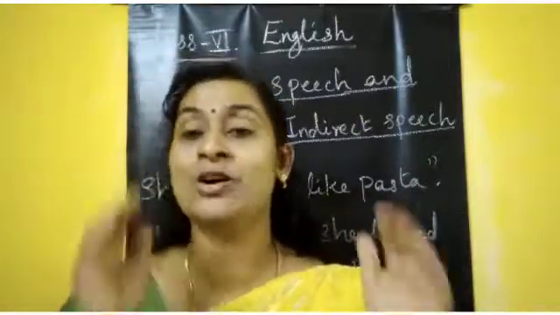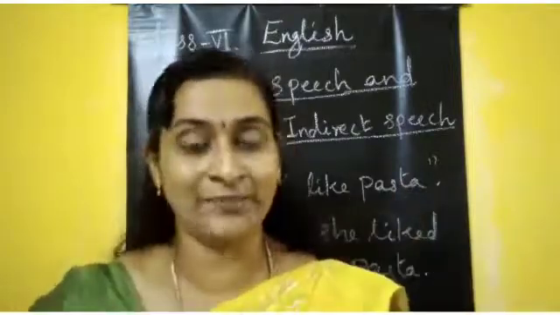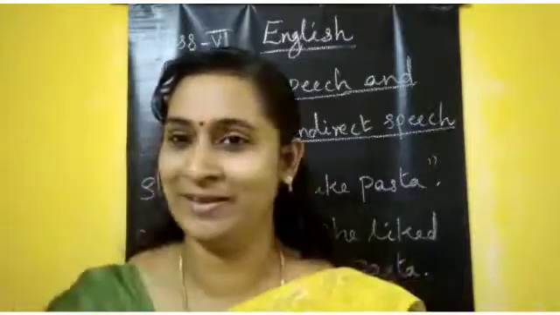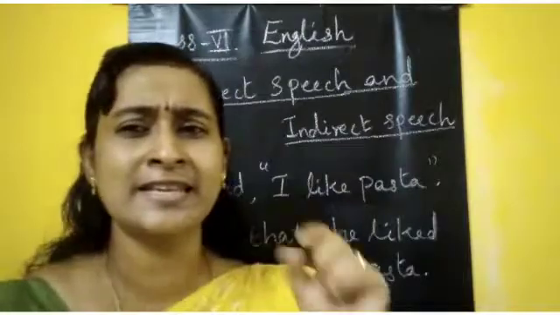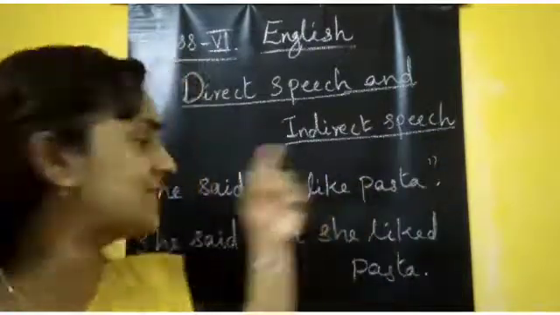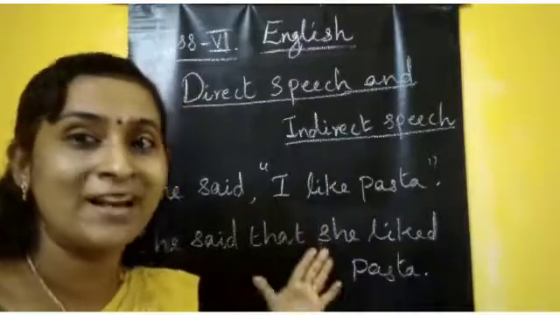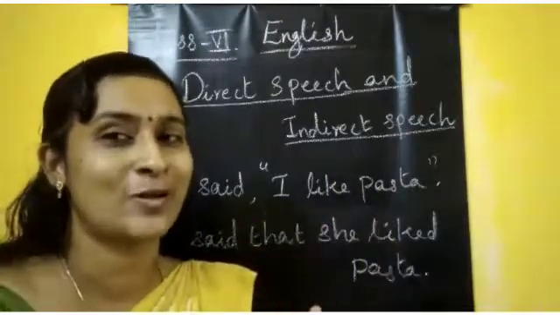Got it? So, direct speech means the actual words of the speaker. Indirect means the words reported by someone. Got it? Then, in these two sentences, you can see some more differences. In the first sentence, the dialogue is written in inverted commas. But in indirect speech, we do not use inverted commas.